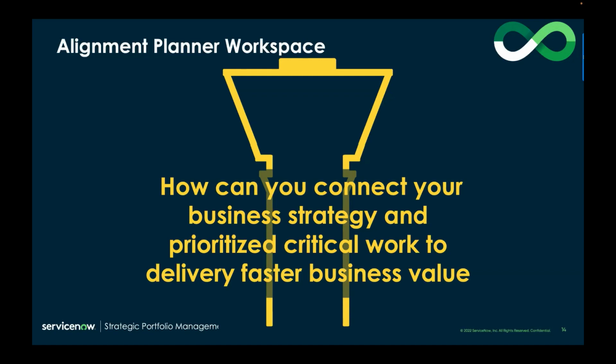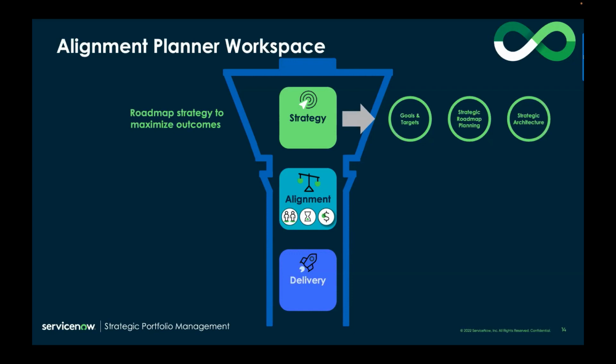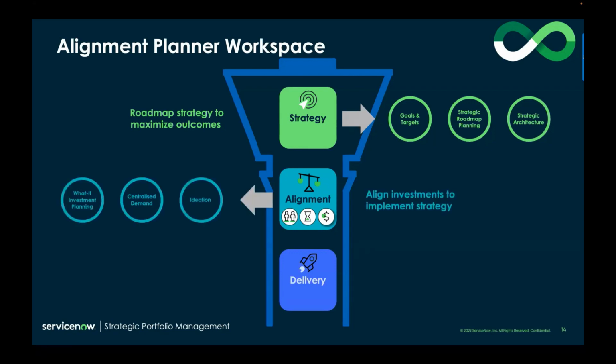So then you ask the question, how do you connect your business strategy to prioritize critical work to deliver business value faster, right? What does that look like? So you have strategy, alignment, delivery. We just saw that framework there. The first piece is plan, right? Utilizing goals, strategic priorities, roadmap planning, APW links these together. The second component is alignment. This helps executives deliver outcomes by aligning and tracking investments across their portfolios.